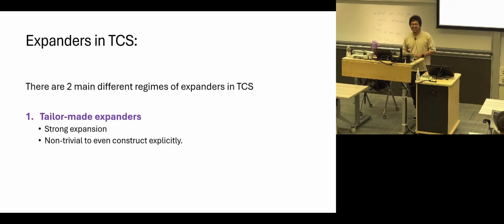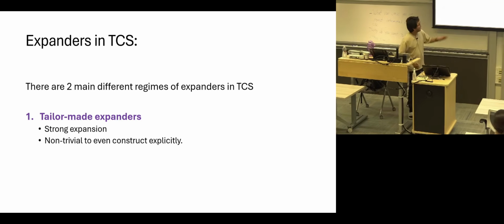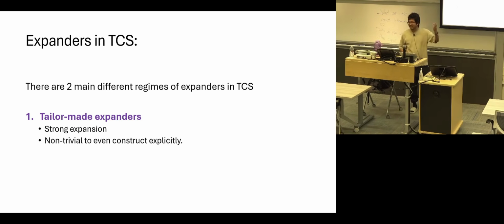But can you get a graph that is sparse yet well-connected? That is what people usually think of as expanders. It's kind of contradictory, but it's possible. A tailor-made expander is such a graph that is really sparse, yet has really strong expansion, well connectivity.